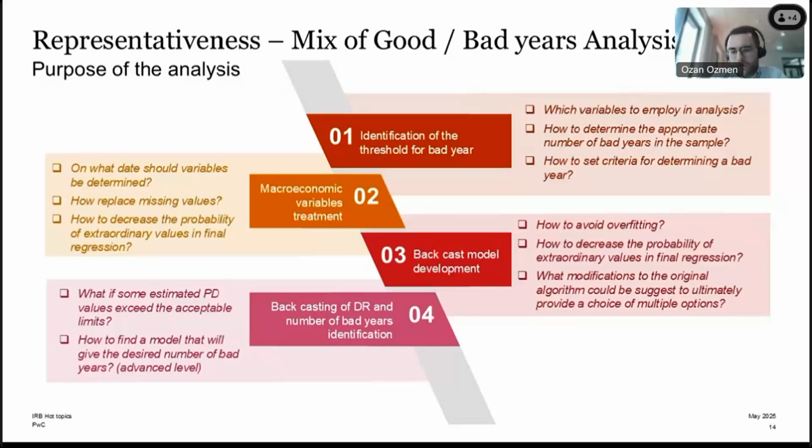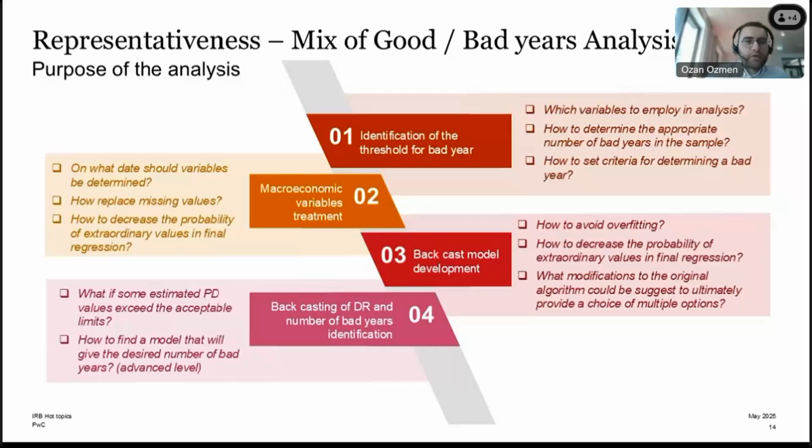These main steps involve assessing what is actually a bad year for us, how we define a bad year, how we can quantify such a thing to define a bad year, and how we use macroeconomic variables, because to monitor where we are in the economic cycle, it's necessary to make such an analysis from macroeconomic variables. Another point is whether our RDS is sufficiently long to determine whether we have enough bad years, or how to define a bad year mainly, what should be the threshold for a bad year.